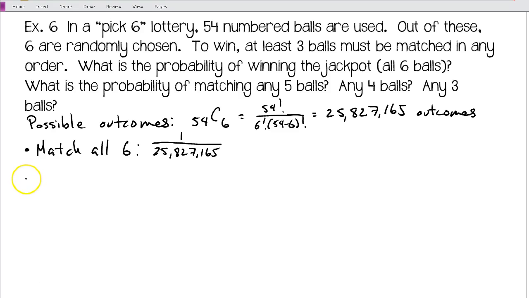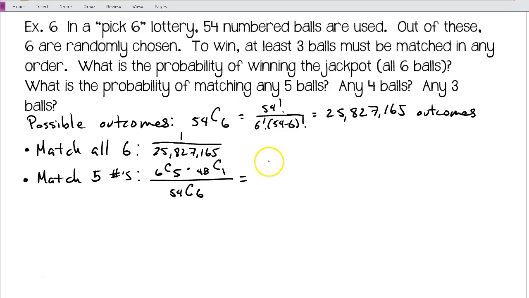However, to match 5 numbers, it's a little bit different. Of the 6 that we choose, we only need to match 5. Then there's 48 left, and we're going to pick one of those 48, and it's still out of our possible combinations, which was 54 choose 6.